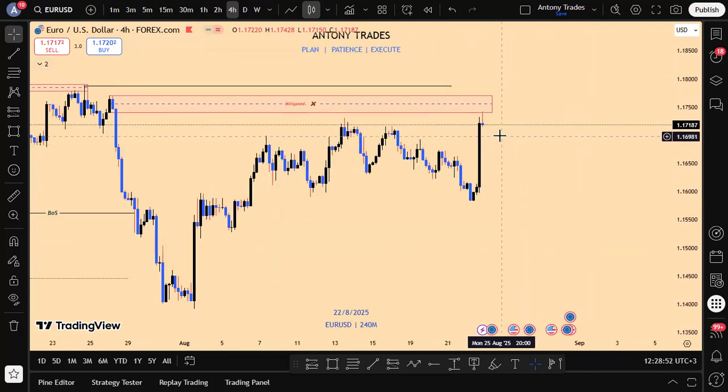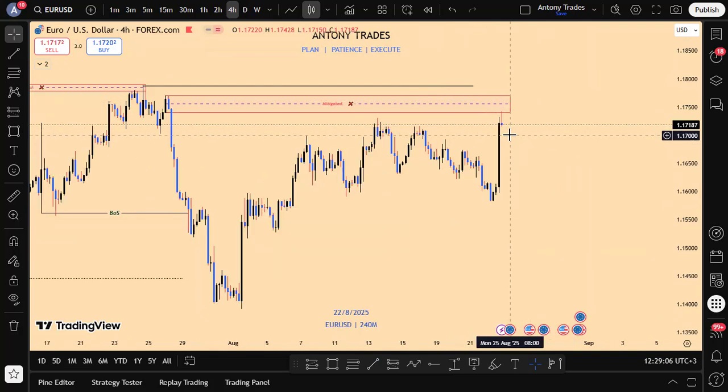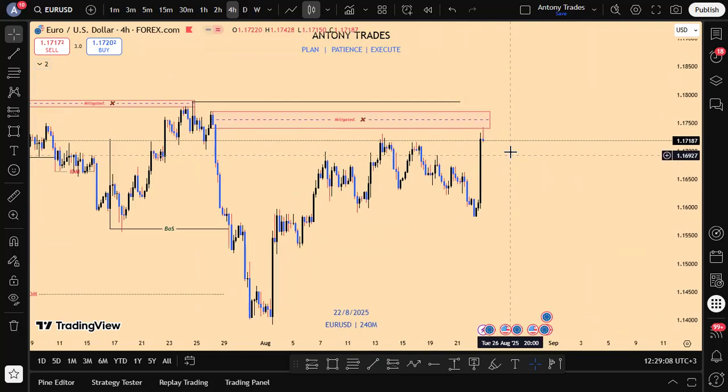So when the market opens today at midnight, or maybe tomorrow, during my session, then I will be looking for a good change of character within this area. If I fail to get a change of character, then I will wait and see whether the market will break this strong high.